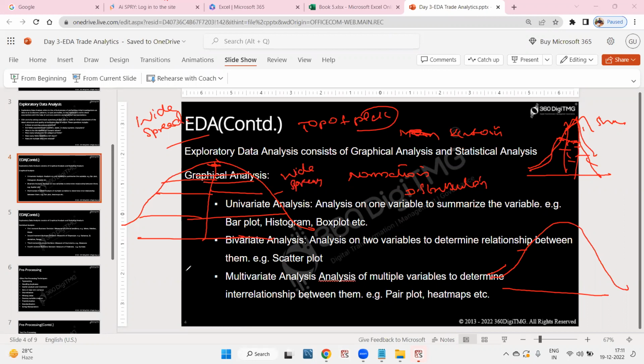This is used to be called negative kurtosis. This is positive kurtosis, or positive kurtic.